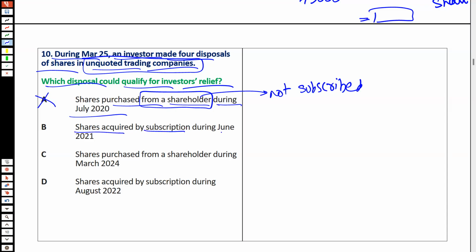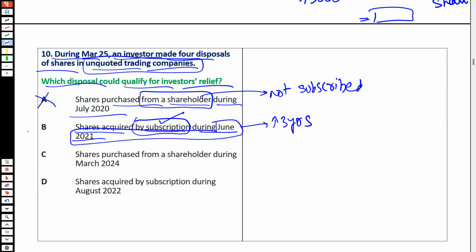Shares acquired by subscription during June 21. So via subscription, right? June 21 is more than 3 years. Yes. Shares purchased from a shareholder during March 24.